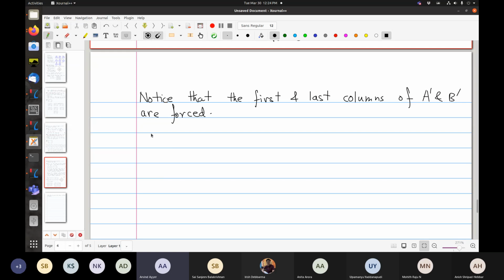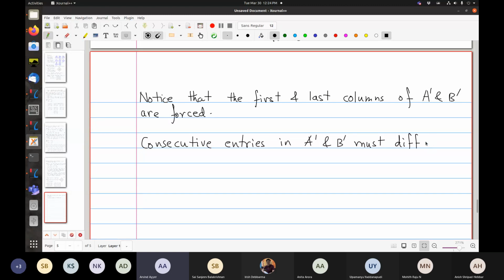So let's prove that. So consecutive entries in A prime and B prime must differ by exactly 2.